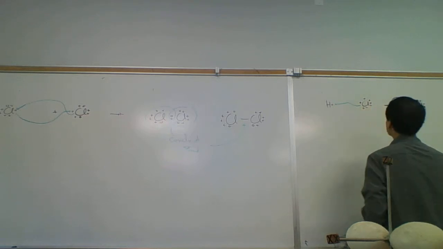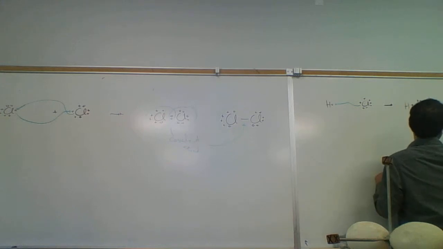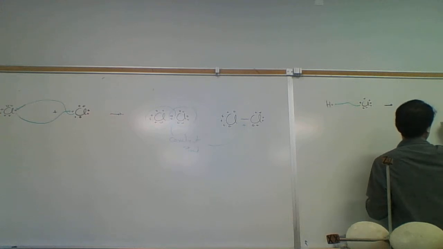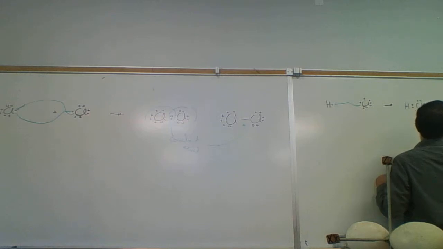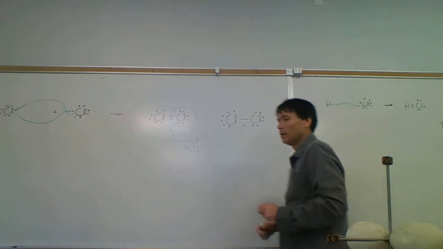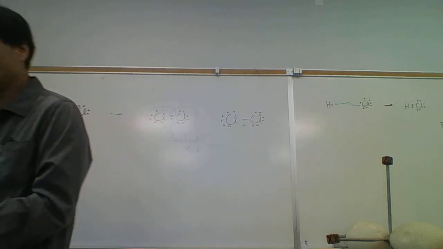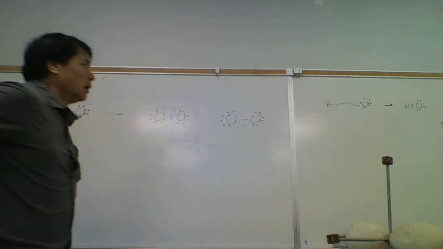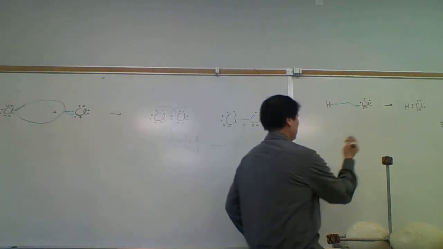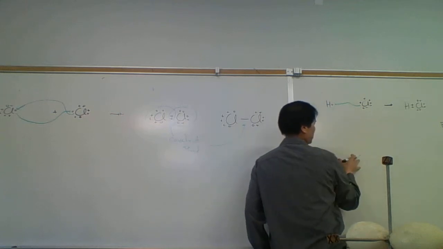And it would look like this. But this bond we call a polar covalent bond. And so let's show the three types of bonds that we've discussed so far.